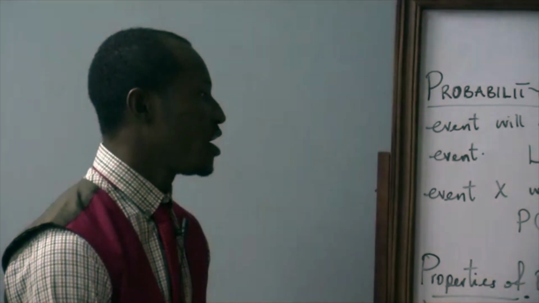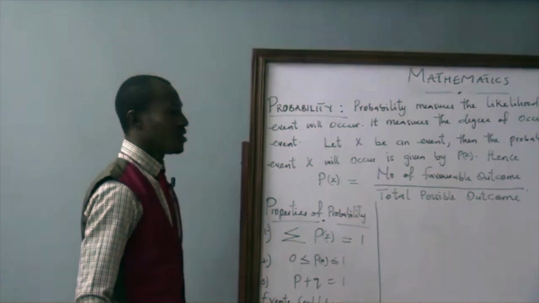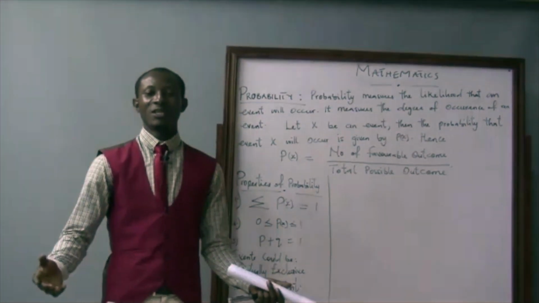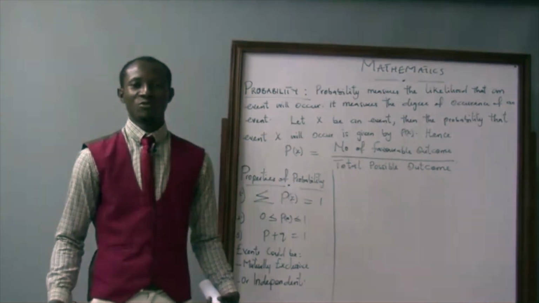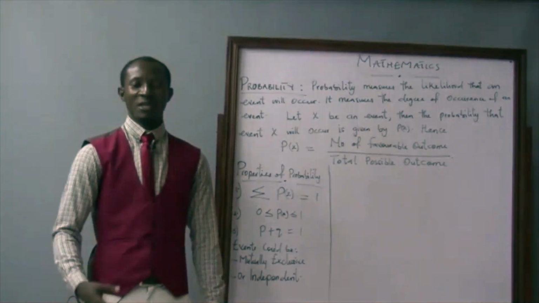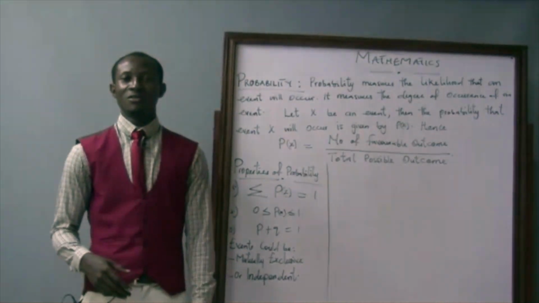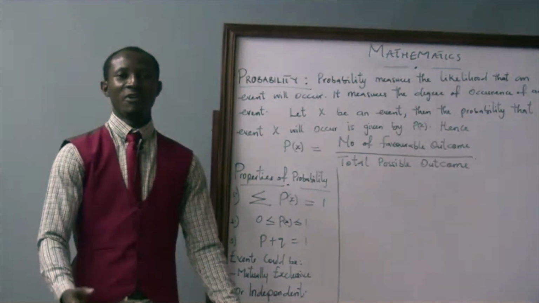So if we move on here, let X be an event. Now event is just an occurrence. If I'm interested in the probability of me eating Indomie this afternoon, then it means the event is the event of me eating Indomie. The event of somebody coming to class this afternoon or this morning is an event.